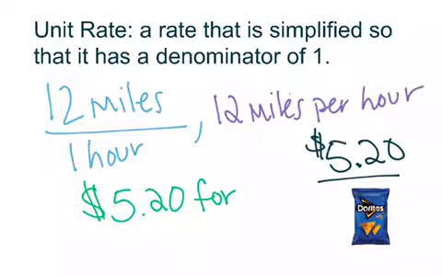Okay? Your denominator has to be 1. So it's like 3 apples for $1, or $6 for every 1 pumpkin. Okay? So it's per something, per bag, per hour, per dollar. Make sure that your denominator is 1. That's how it is a unit rate. It's over 1. So it's like per unit, or per item, or per dollar.